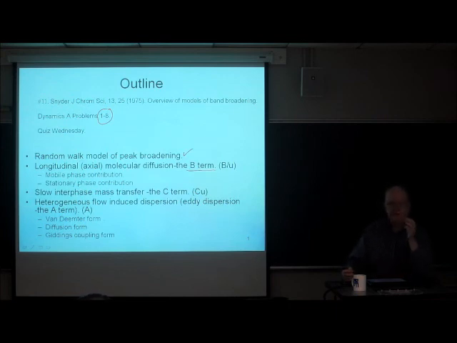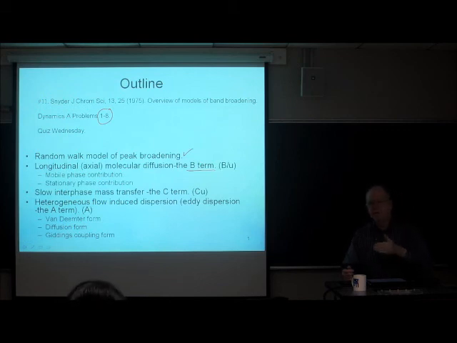It turns out that there are 3 subcases, if you will, of this A term. The first we'll deal with is what Van Deemter did. This is what's called the classical A term. And it works to a certain extent.